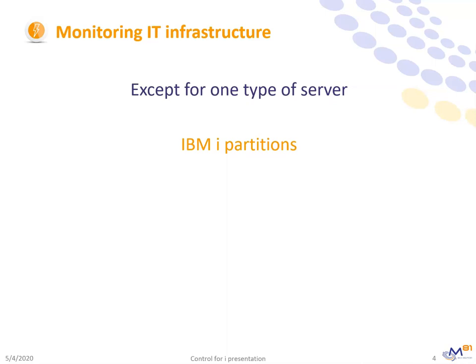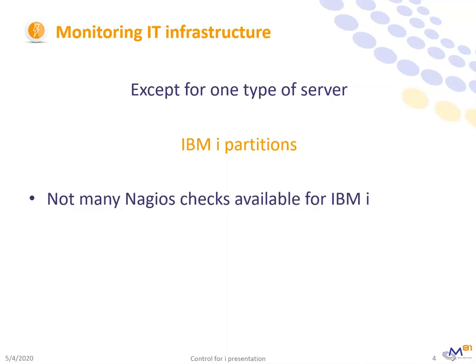There are many reasons for this. The first is that there are not many plugins in Nagios to monitor IBM, only a few ones, and they only monitor general indicators like CPU, disk space, or active subsystems, not the main indicators that we usually check.